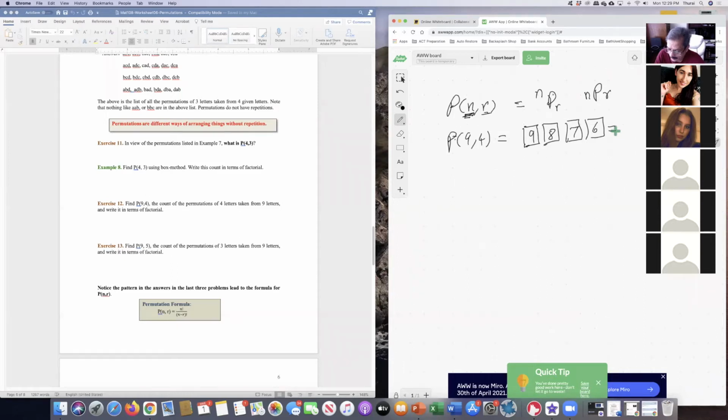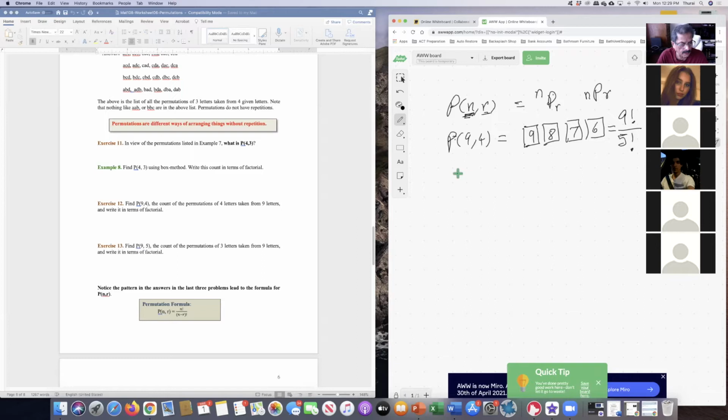We did that in the last class. So can somebody answer this question? I want to write this product as a division of 2 factorials. 9 factorial over 5 factorial. 9 factorial over 5 factorial, exactly. So let's leave it at that and go on to the next question.